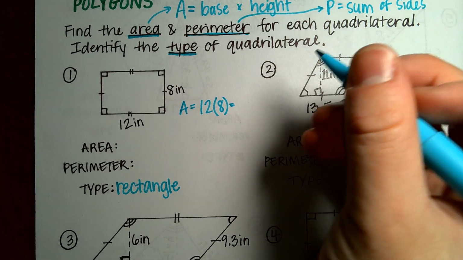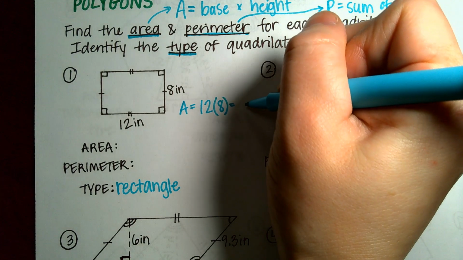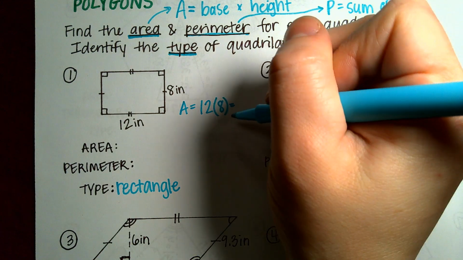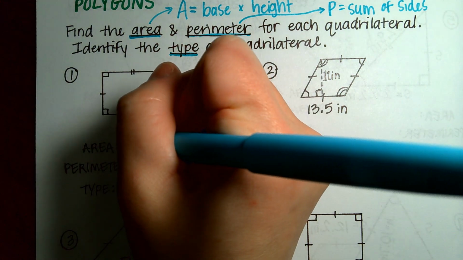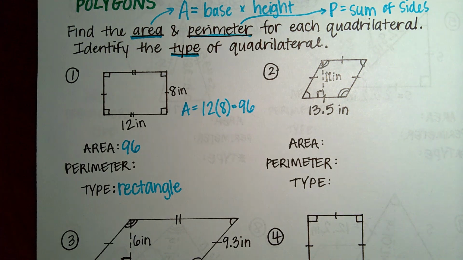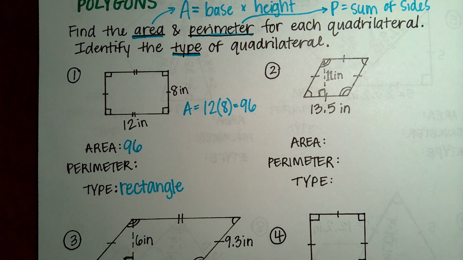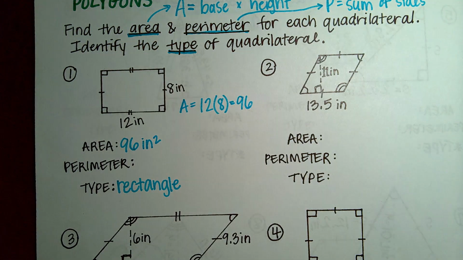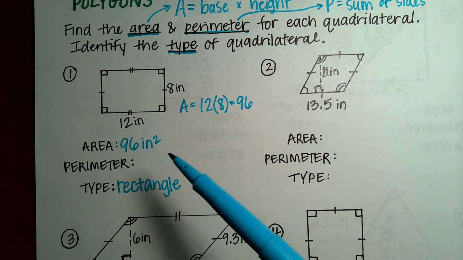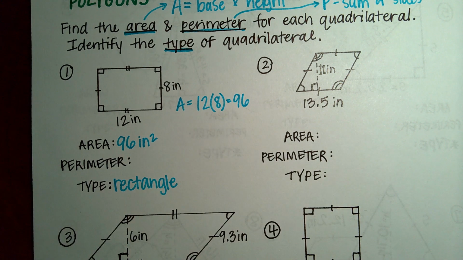What is 12 times 8? 96, good. So for our area, we have 96, and what are our units? Inches squared, good. So since I'm giving you everything in inches, the area will always be inches squared.